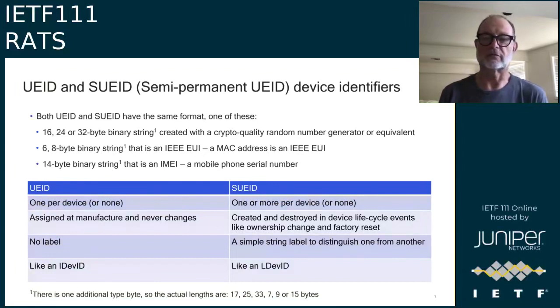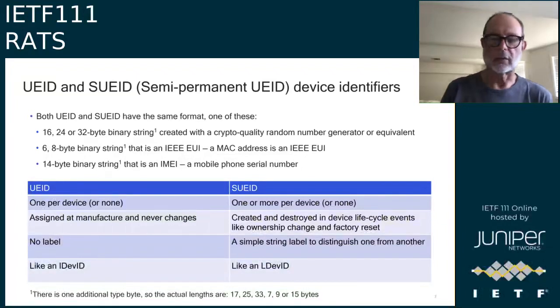So if you have 3 of them, you could have 3 different strings identifying them, and they could be like the use case for which they were generated. For example, maybe one is for FIDO or for some application. So the identifying string could just be FIDO. No registry for the strings. I assume there's going to be only a small number of them. So that's the top level of UEID and the new addition of SUEID.